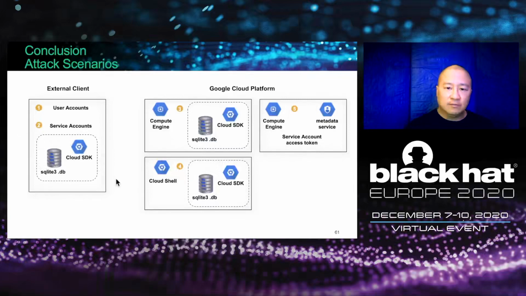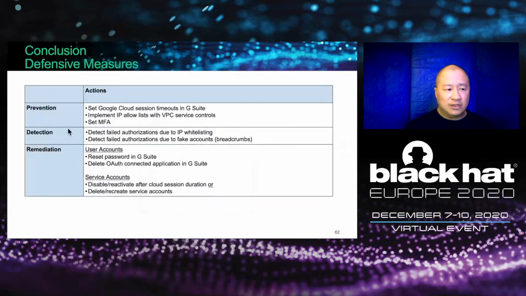So these are all opportunities in different vectors to attack, and there are also different areas that need to be considered and defended against. The defensive measures in all cases tend to revolve around this, and so this is a consolidated summary.